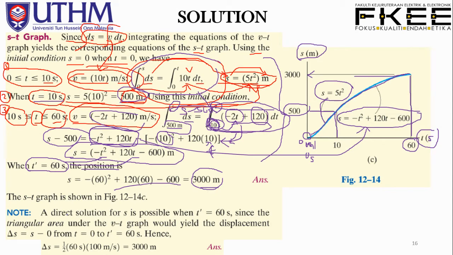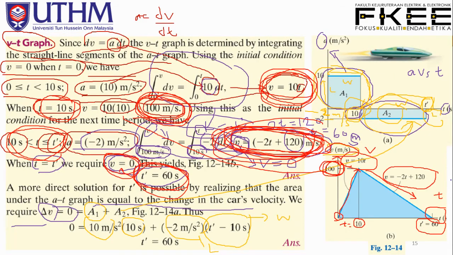So just note, a direct solution for s is possible when t prime equals 60 seconds, since the triangular area, if you refer to this relationship, the one I highlighted over here, the v-t, so if we find the area under this triangle shape, this is actually the value of s.